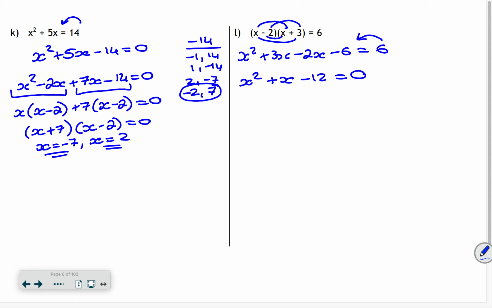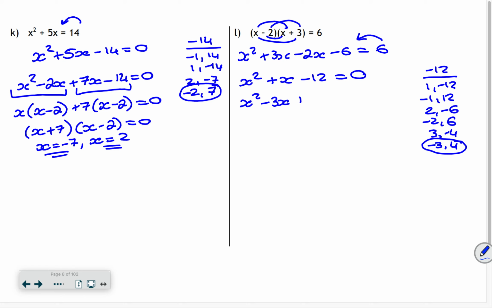So do that. So 1 times minus 12 is minus 12. So we have 1 and minus 12, minus 1 and 12, 2 and minus 6, minus 2 and 6, 3 and minus 4, minus 3 and 4. And the one that works is going to be minus 3 and 4. So that will be x squared minus 3x plus 4x minus 12 is equal to 0.